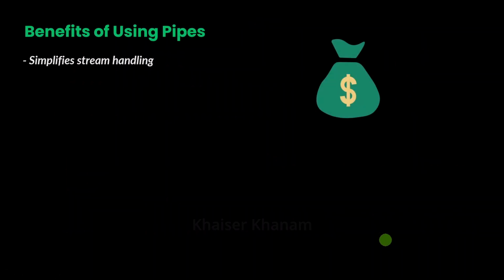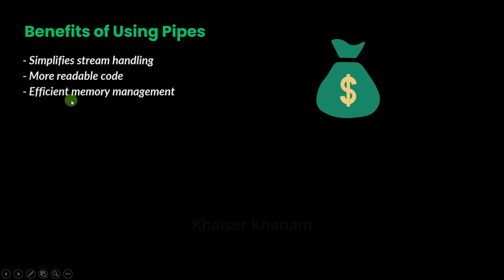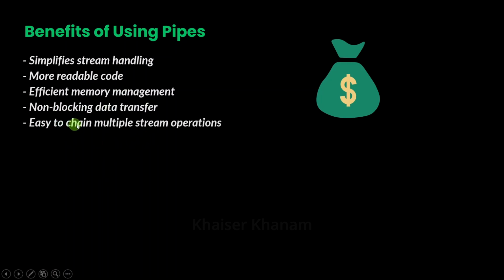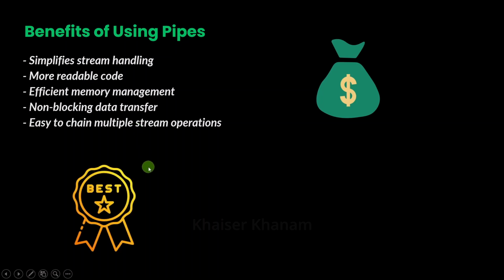So the benefits of using pipe are that it simplifies stream handling, gives more readable code, efficient memory management, non-blocking data transfer, and easy chaining of multiple stream operations, which we have seen in our example.